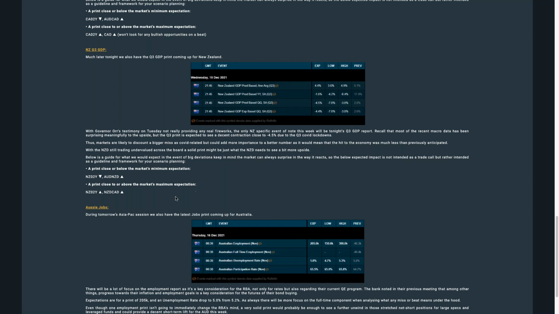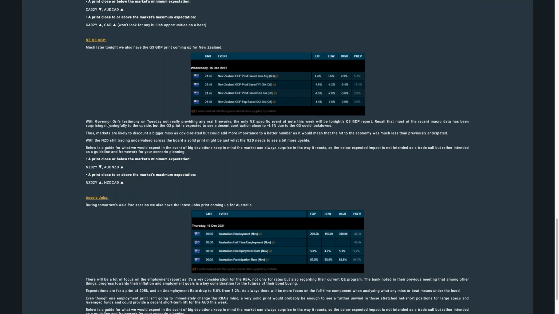And the key aspect here with this GDP is that the New Zealand dollar has been heavily sold off on risk, with all the negative risk sentiment surrounding the Omicron variant, maybe the Fed hiking too quickly. That's hit the New Zealand dollar. New Zealand dollar is starting to look vulnerable to a turnaround, and really good GDP data above maximum expectations could be the catalyst.